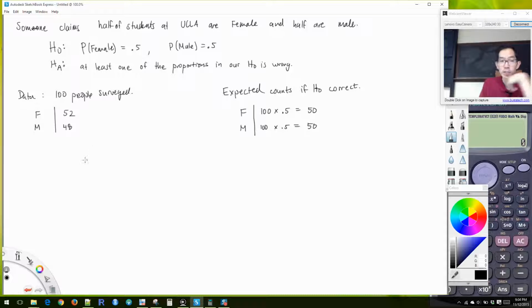Okay, and we measure this discrepancy using the Chi-Squared Statistic. So the Chi-Squared Statistic is calculated as observed minus expected, squared, divided by expected. And we add this up, sum for all categories.